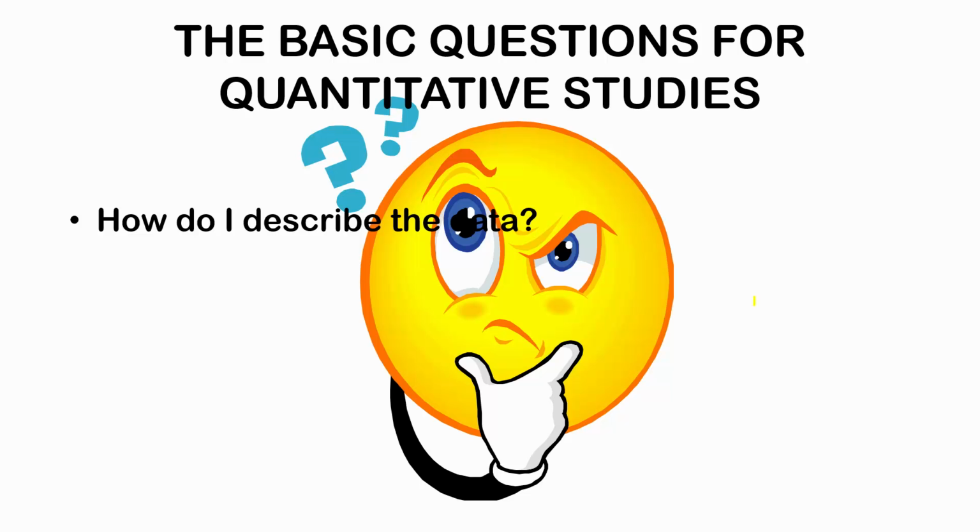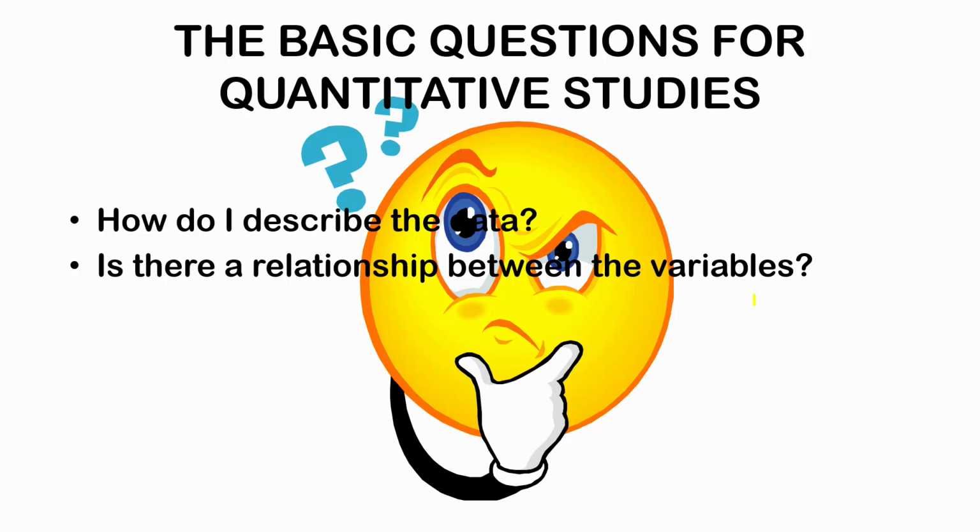The second question that I want to look at is, is there a relationship between those variables? So, for example, is the way somebody performs on one variable, or the scores on one variable, have a pattern that is similar to or related to the response pattern on another variable? For example, is the way someone scored on a pretest, and I look at my group and I say, now did my group score in a similar fashion on a post-test?